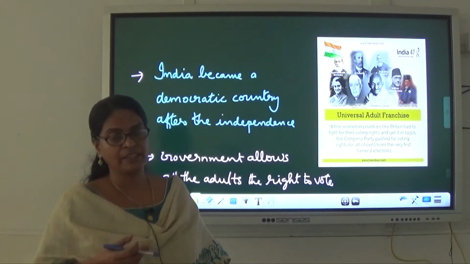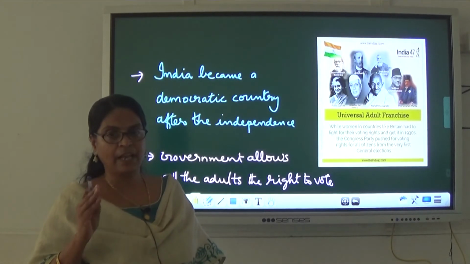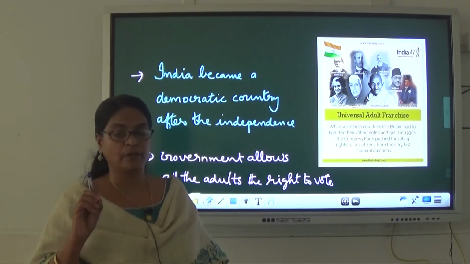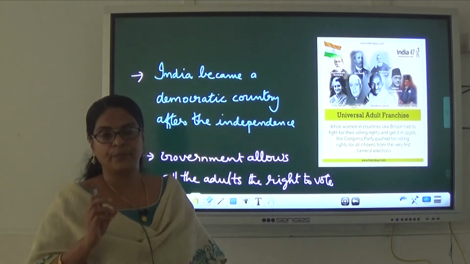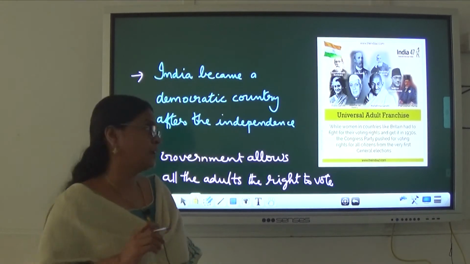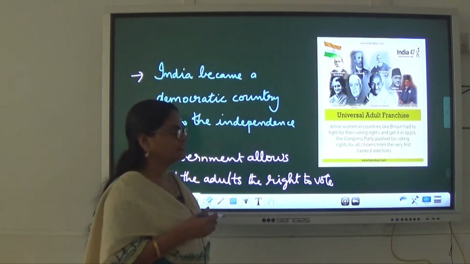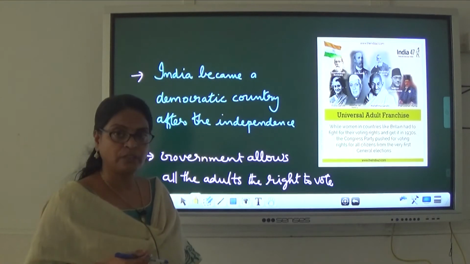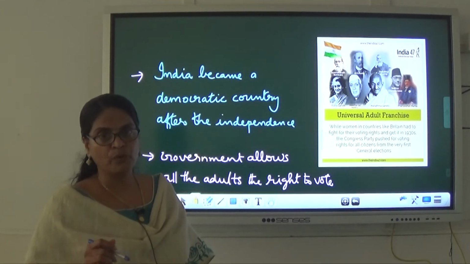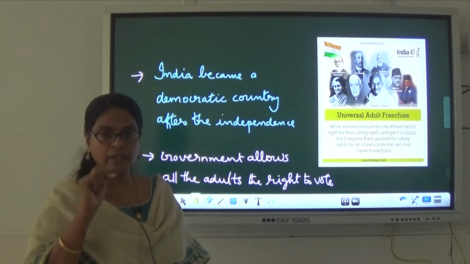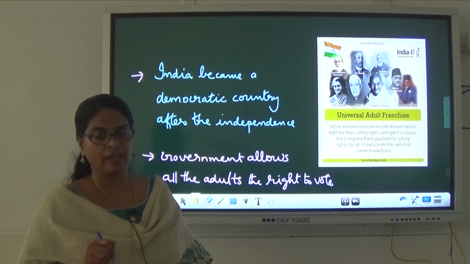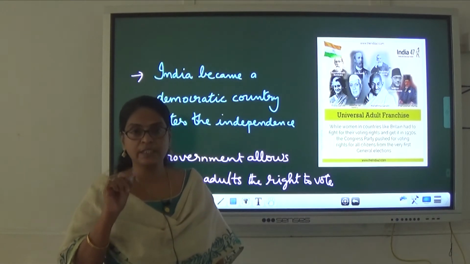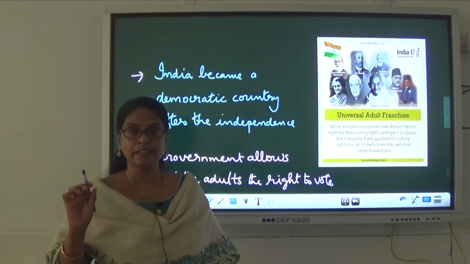So great leaders like Gandhiji, Nehru and others demanded the right to vote. They struggled for the right to vote for all the adults in our country. Adults here means all the citizens who are 18 years and above.